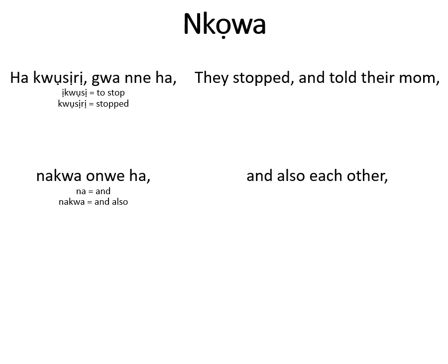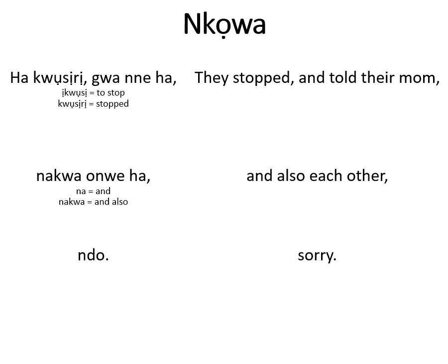So ha gwara, ha kwụsịrị. They stopped. Gwa nne ha and also each other or themselves. Onwe ha is themselves or each other. Ndo, sorry. So, they were fighting, shouting, crying. Mom told them to stop. They stopped, told their mom and each other sorry.